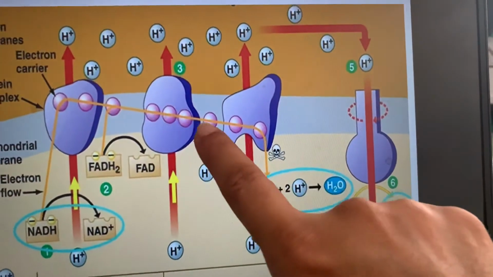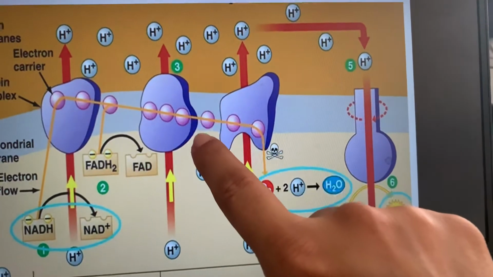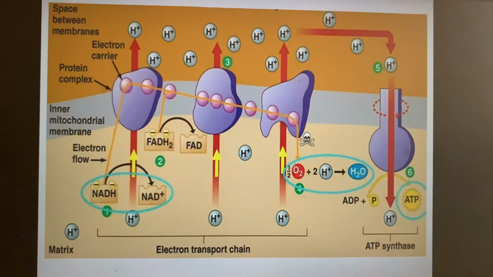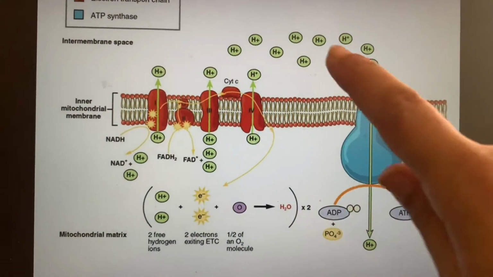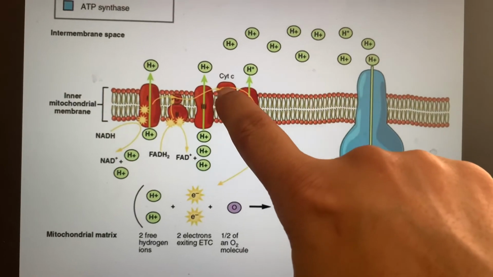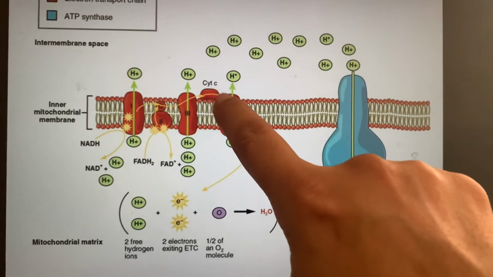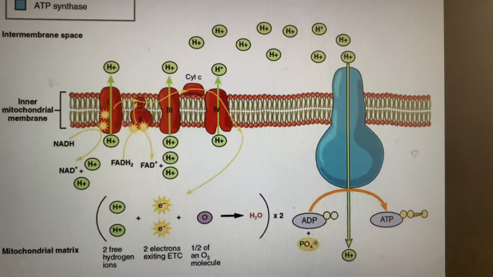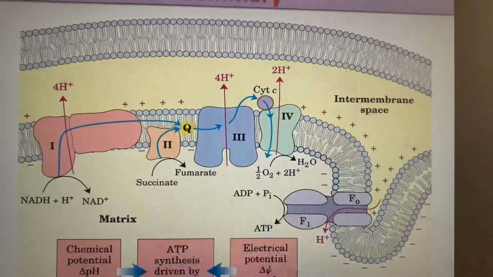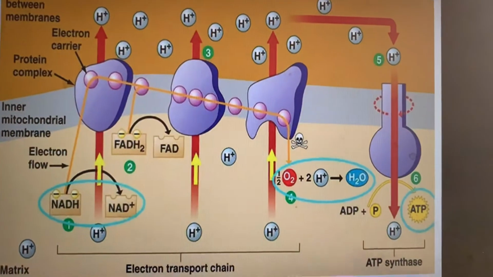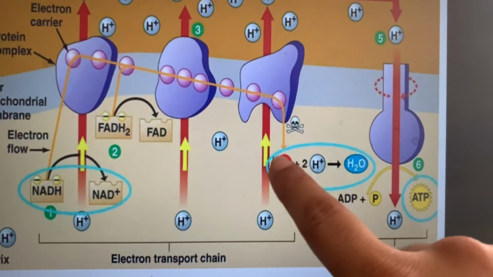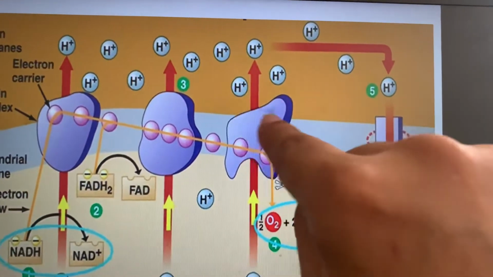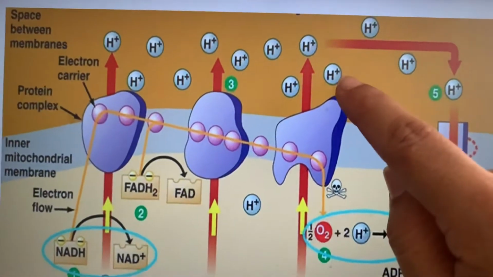These electrons then travel through another coenzyme, cytochrome C, into protein complex 4, and finally again create a higher potential of H positive ions outside the inner membrane of mitochondria.